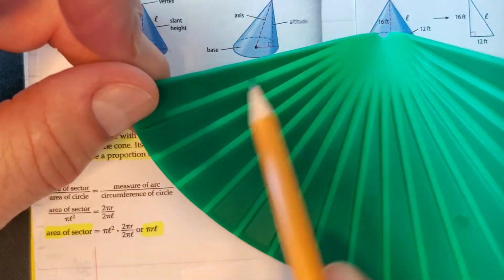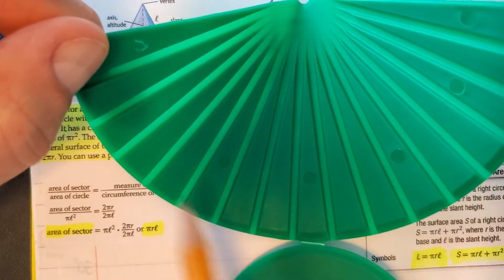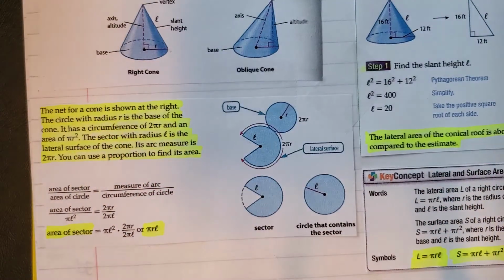This is your L, and then pi r times L, okay?